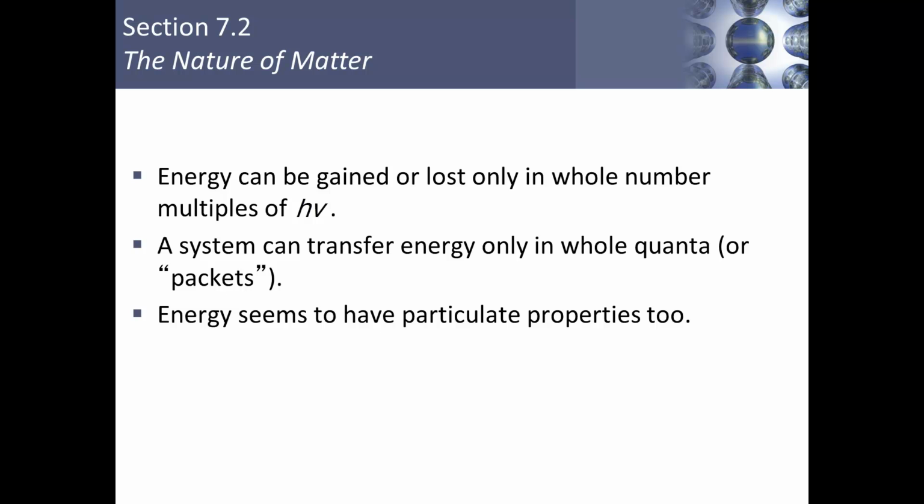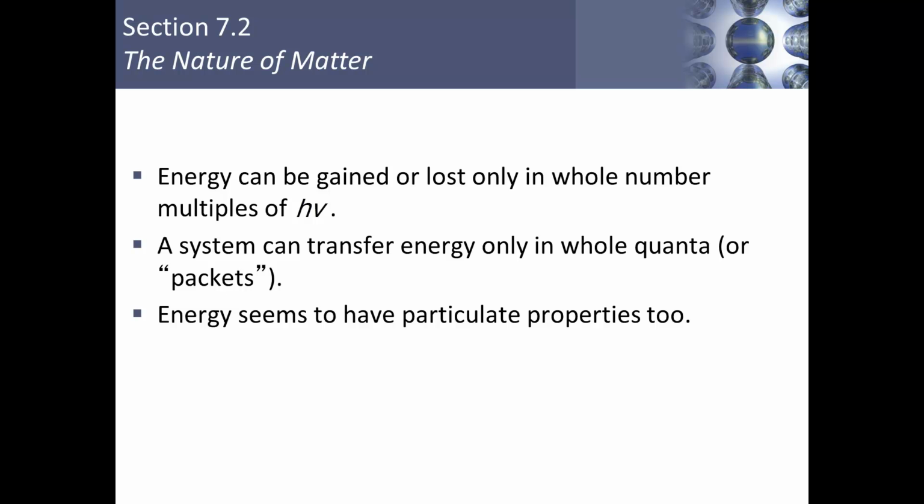Energy seems to have particulate properties as well. So the big deal about Planck's results is that energy is quantized. It occurs in discrete units with a size h nu. H nu is this packet of light energy, which we call a quantum.